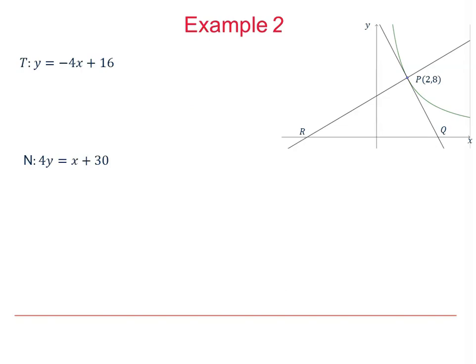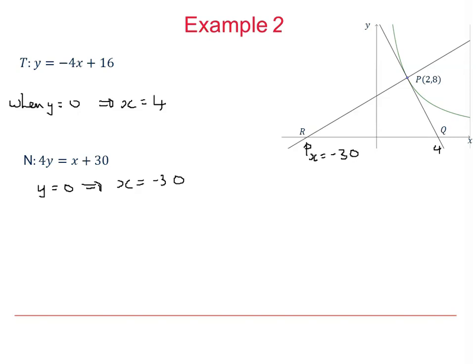So looking at the tangent first of all, when y is equal to 0, you can see that 4x must be equal to 16, so x is equal to 4. And that means that at Q we have on the x-axis that value 4, and the normal, when y is equal to 0, will give us x is equal to negative 30. So this point here is at x is equal to negative 30.